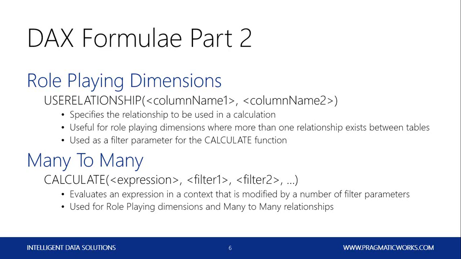We'll use the CALCULATE function. Now, the CALCULATE function is used to evaluate an expression and to apply a series of filters for it to add additional context to the calculation. The more experience you get with Power Pivot, the more you'll realize how powerful the CALCULATE function is, and it'll become your best friend.